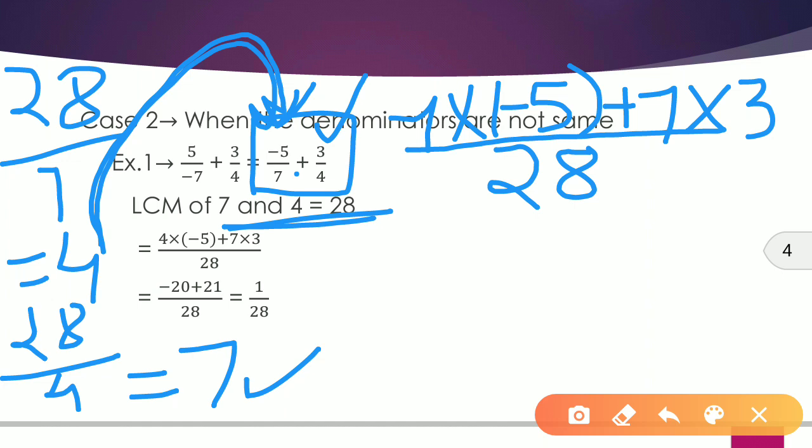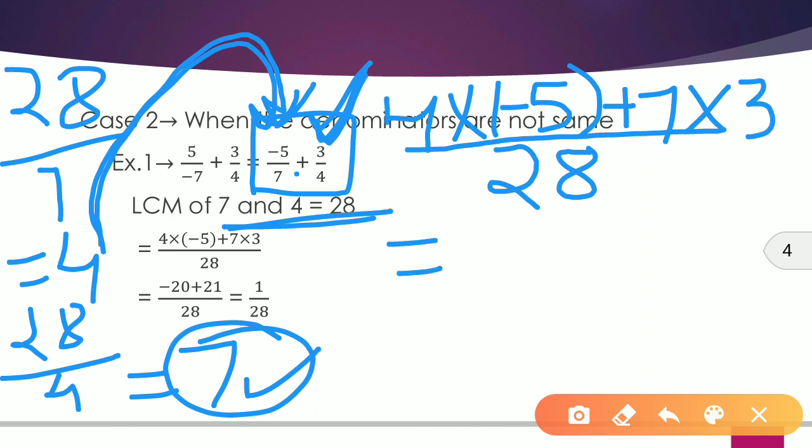After that the sign is plus, so you write here plus. Then again 28 divided by the denominator of the second rational number, which is 4. This gives you 7. Now multiply this 7 with the numerator of the second rational number, which is 3, means 7 into 3.